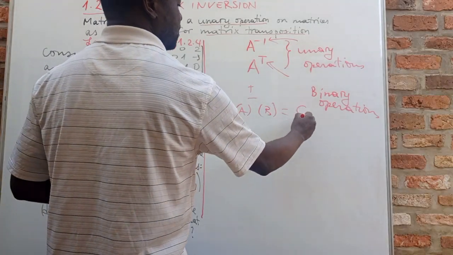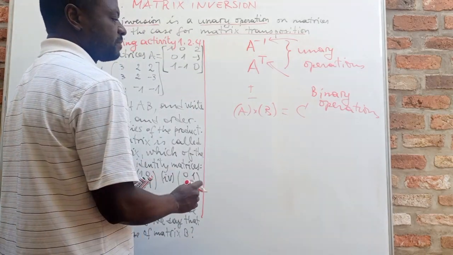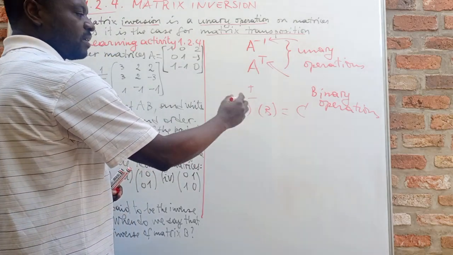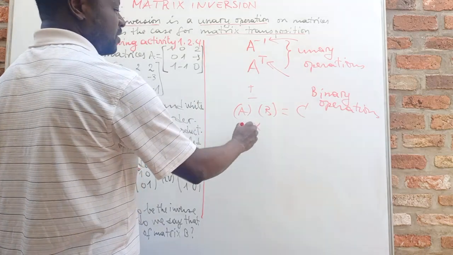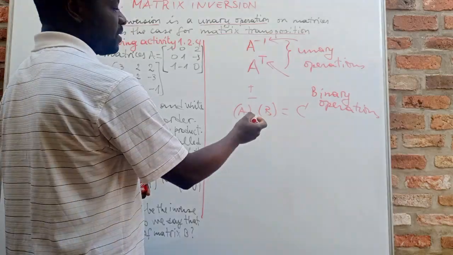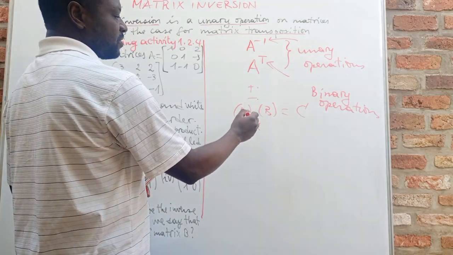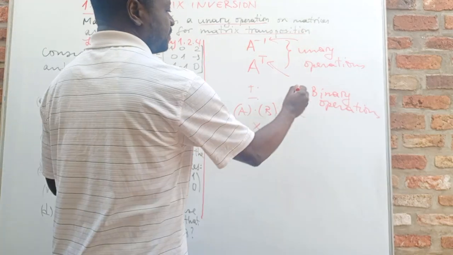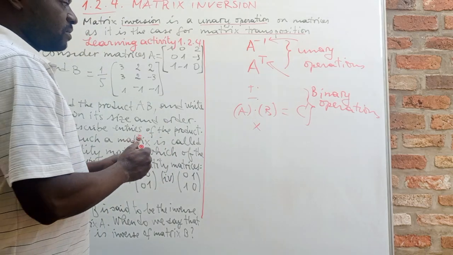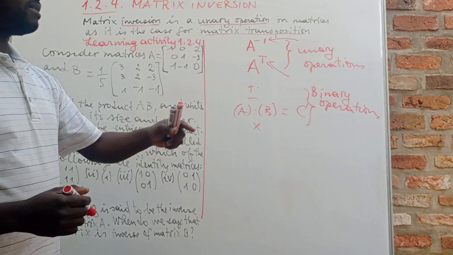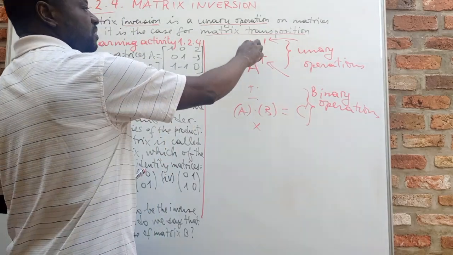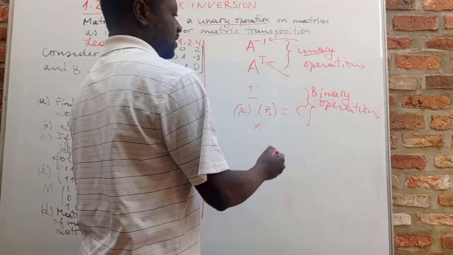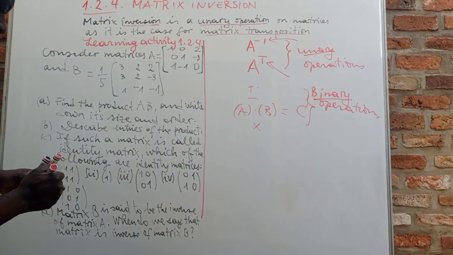Now the product, the multiplication, most of the time is not written, probably in order not to confuse it with the letter X. All those addition, subtraction, multiplication are binary operations because they are applied to two matrices A and B, but transposition as well as inversion are unary operations, as opposed to binary operations.